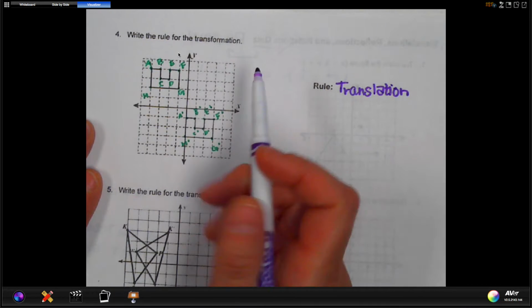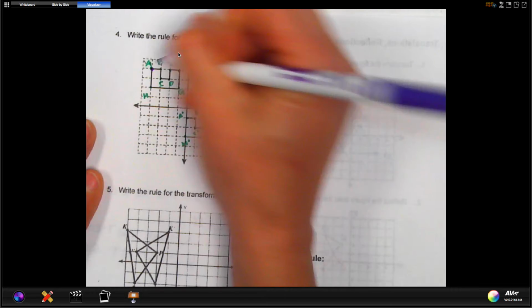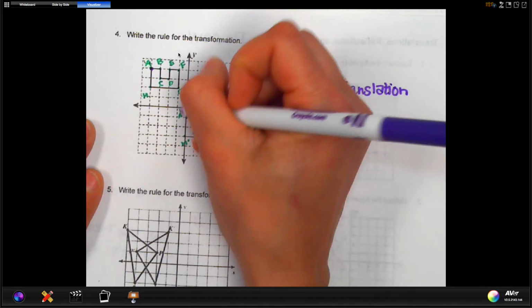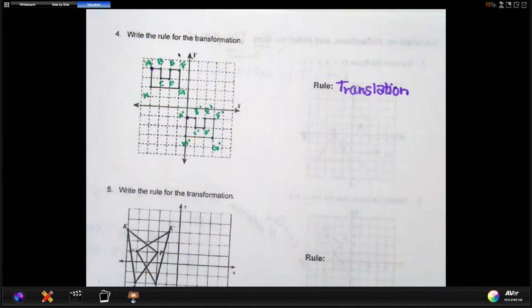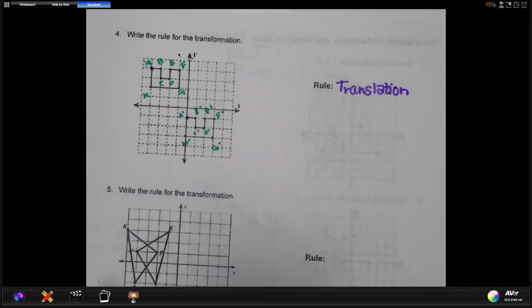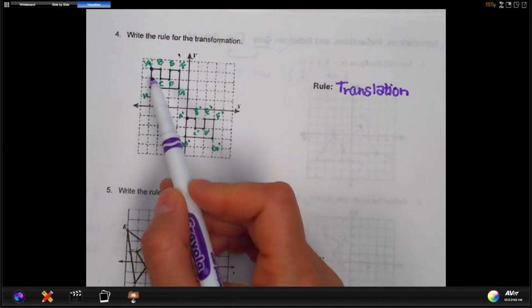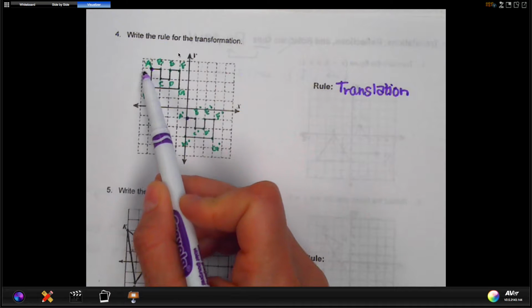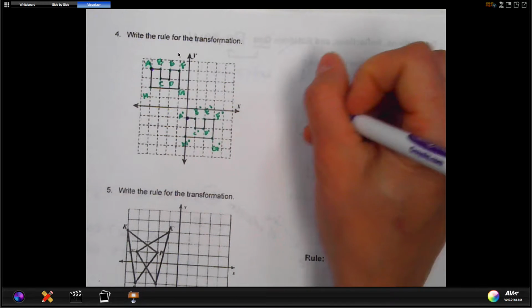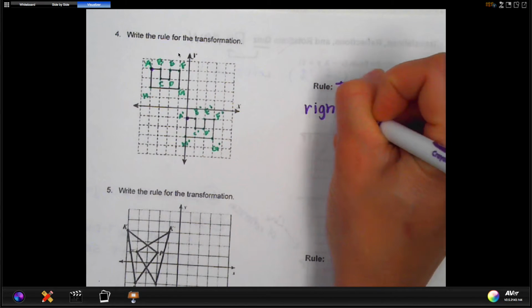To get from A, right here, this first point, to A prime, that's all we really need to look at. So we know our translation from A to A prime, first going left or right, we can clearly see that we are going right, and we have to count how far.